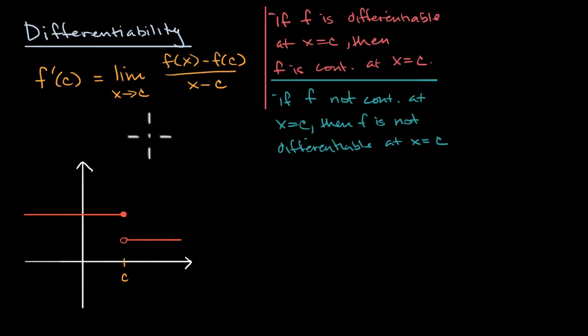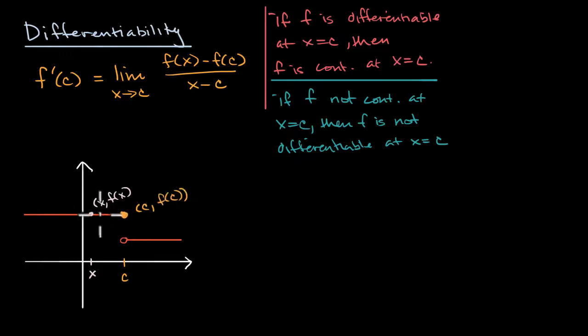Well, remember, all this is the slope of a line between when x is some arbitrary value, let's say out here, so that would be the point x comma f of x, and then this is the point c comma f of c right over here.